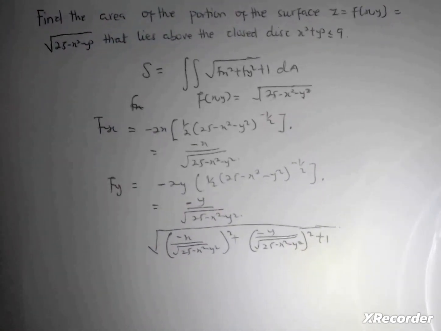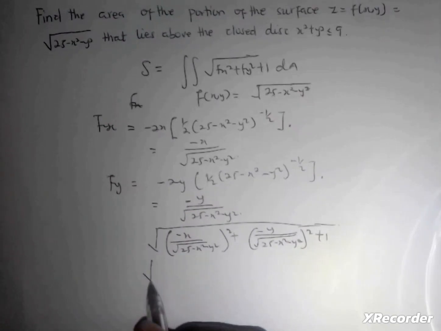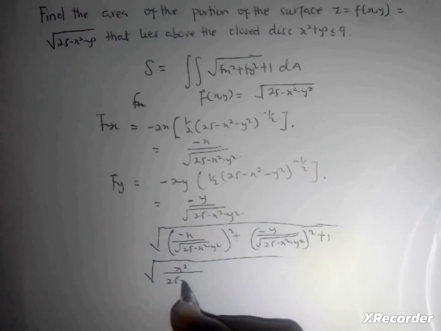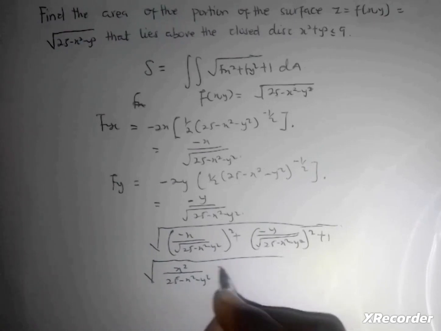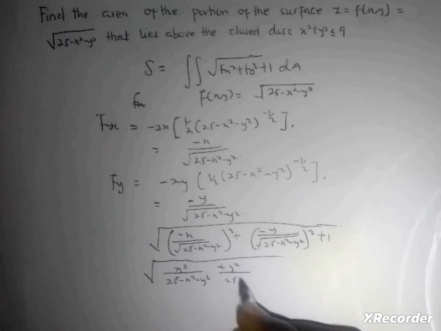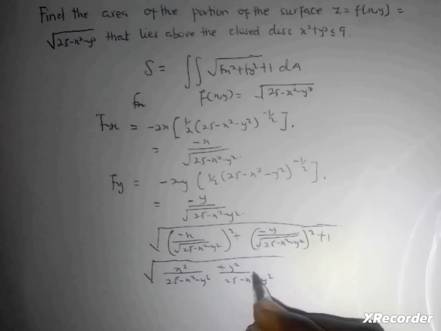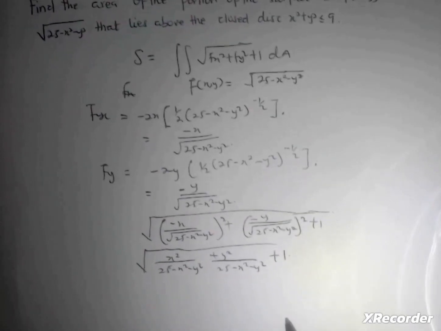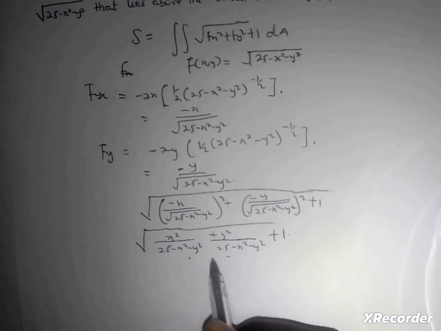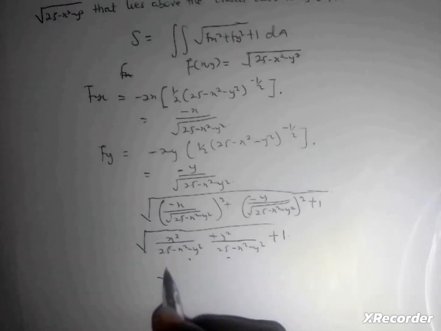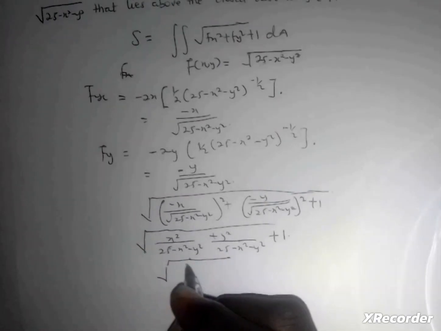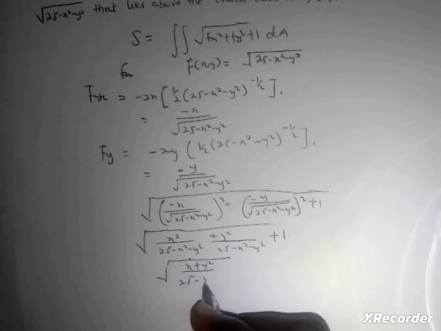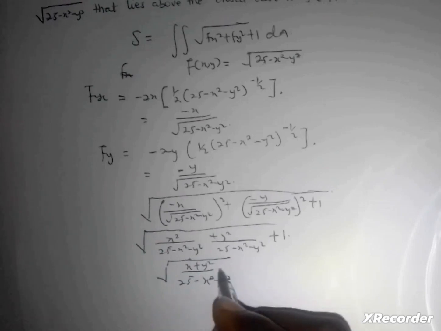So with this, I'll get x squared over 25 minus x squared minus y squared plus y squared over 25 minus x squared minus y squared plus 1. Since they have the same base, I'll just add the tops, so that I'll get the square root of x squared plus y squared over 25 minus x squared minus y squared.